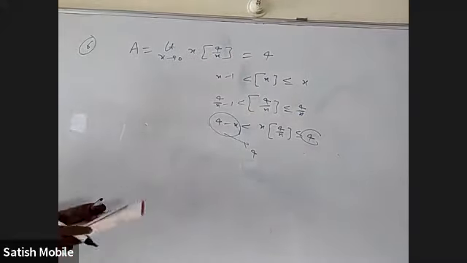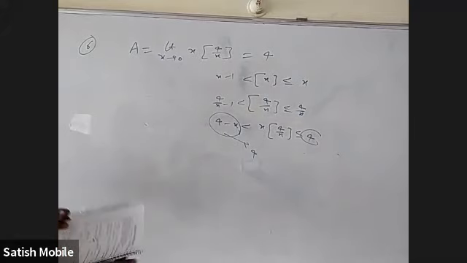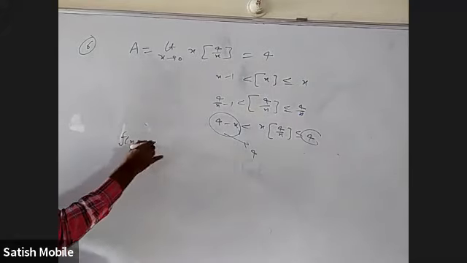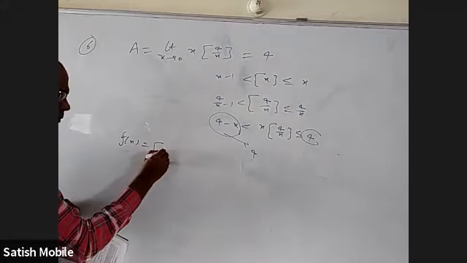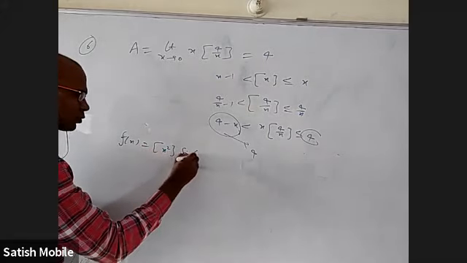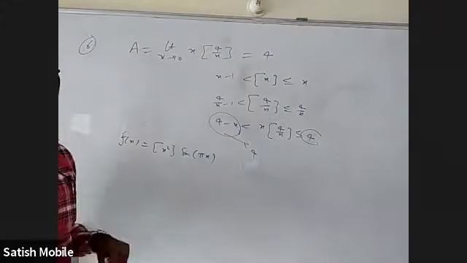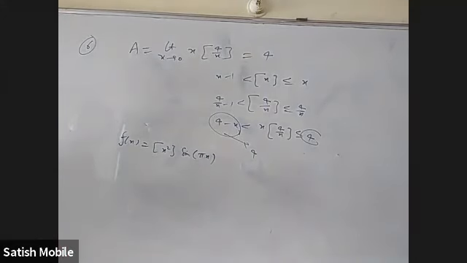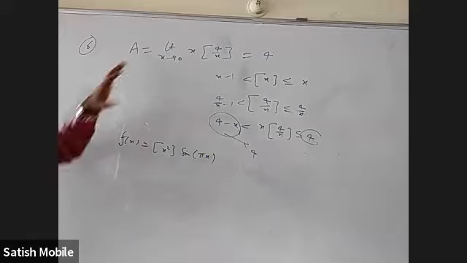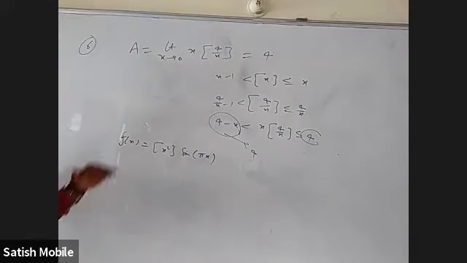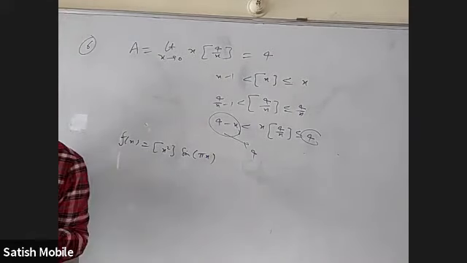Now they are asking about f of x is equal to integer part of x square into sine pi x, where this is discontinuous. Okay, we'll connect to A later on, but let us see thoroughly where it is discontinuous.